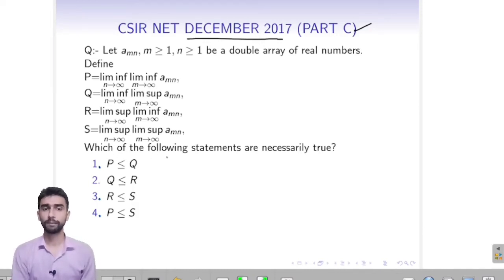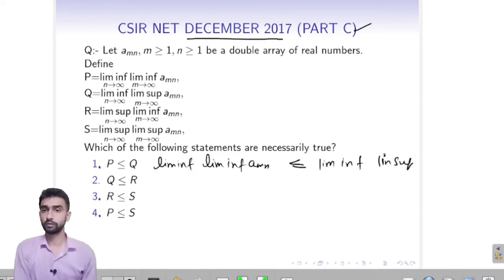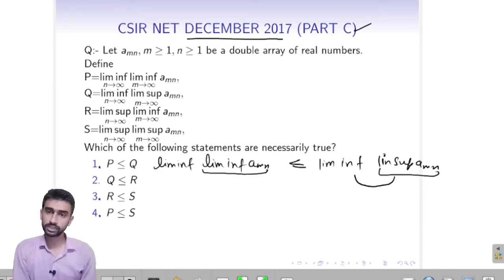So let's check. P less than or equal to Q means the LimInf of a_mn should be less than or equal to, according to the first option, the LimInf of LimSup of a_mn. So first of all we find LimSup and LimInf, and then after this we find the second level.